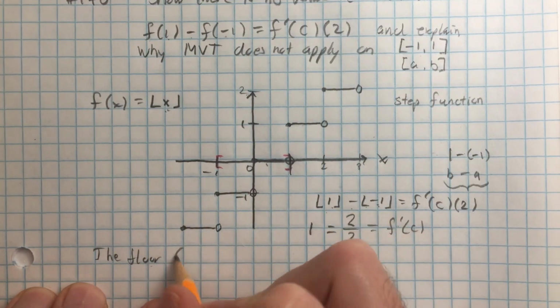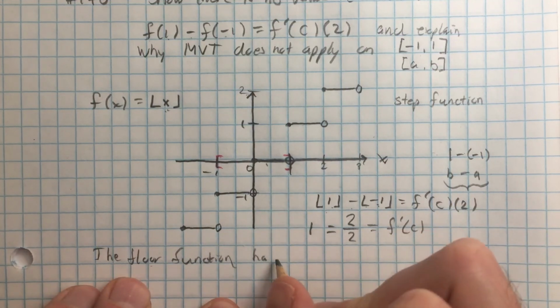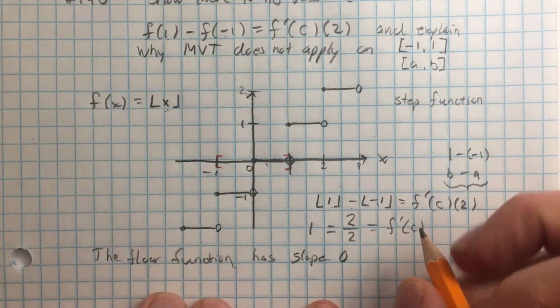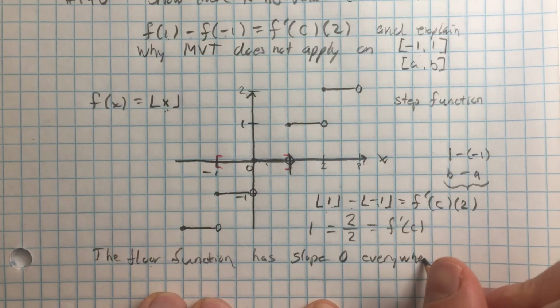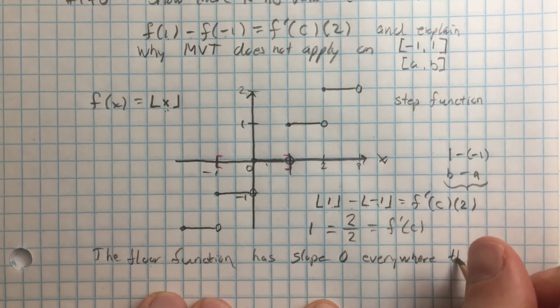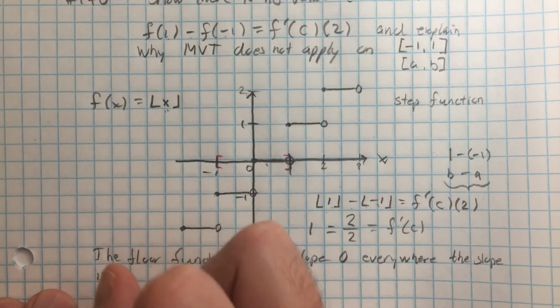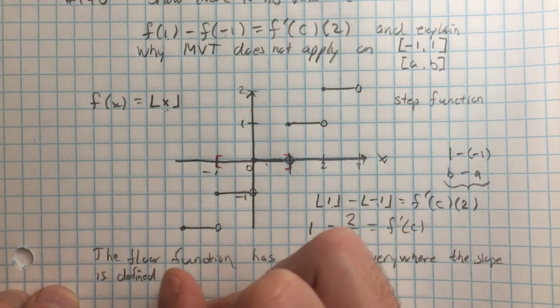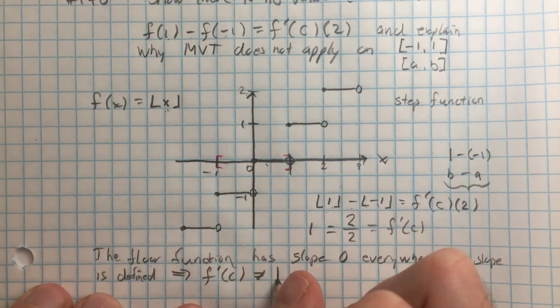The floor function has slope 0 everywhere the slope is defined. So therefore, f prime of c cannot equal 1.